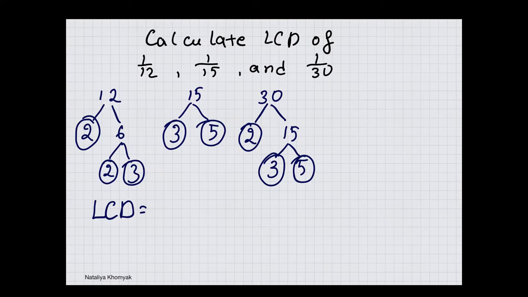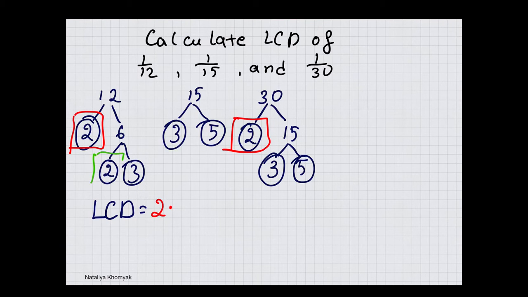15 can be broken down into 3 times 5. Using this method, the LCD is the smallest number of primes you need to make each of those numbers. So just do one number at a time and make sure you do not count repetitions. What I mean is, we need this 2 to make a 12. Now this 2 will repeat with the 2 over here, so we have 2 times.